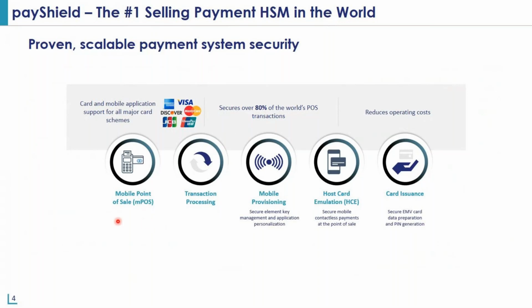Be it mobile point of sale, transaction processing, mobile provisioning, HCE, or card issuance. So 80% of the world's point of sale transactions are supported by PayShield 10K. Card and mobile applications support all major card schemes: Visa, Discover, MasterCard, JCB, Union Pay. Everything is supported by PayShield 10K.